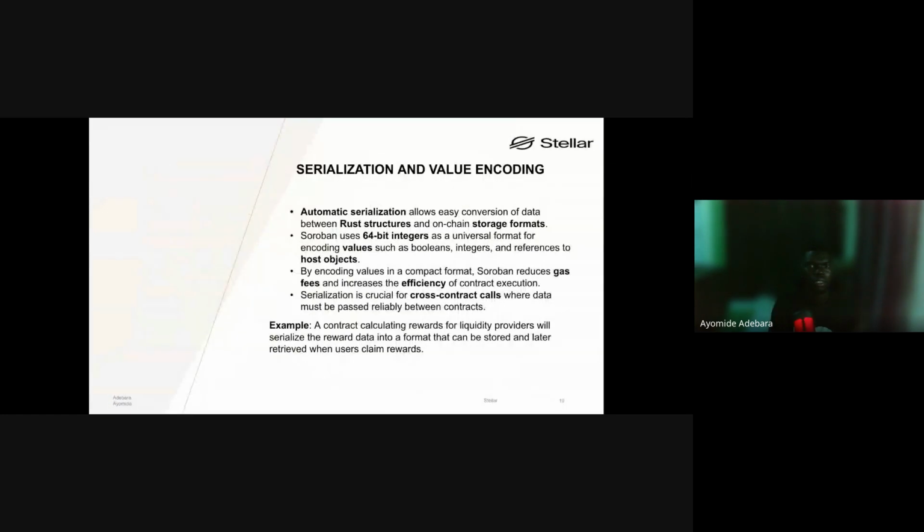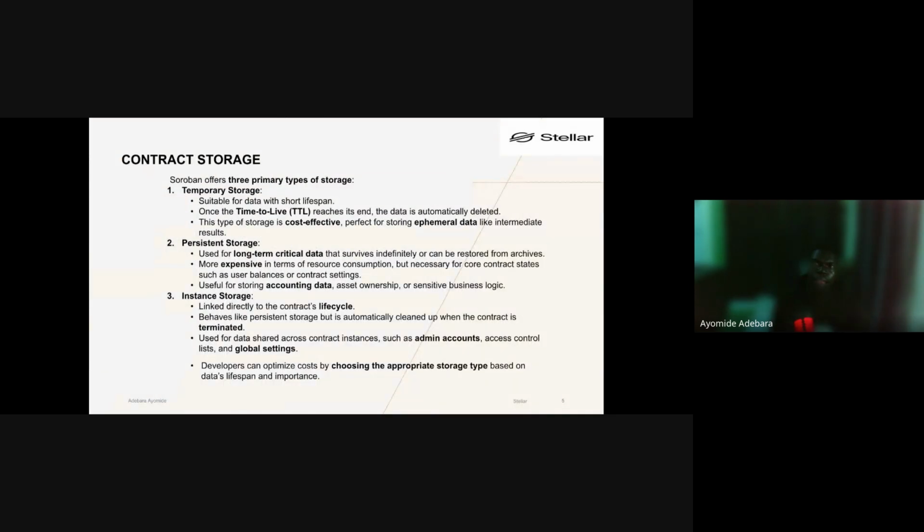Let me go back to it. For the temporary storage, at what time does termination occur? Once it reaches the time to live, termination occurs.